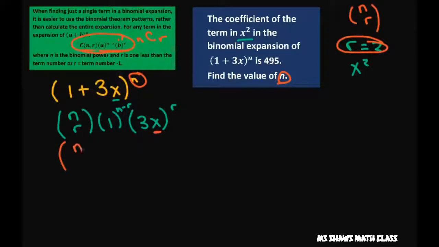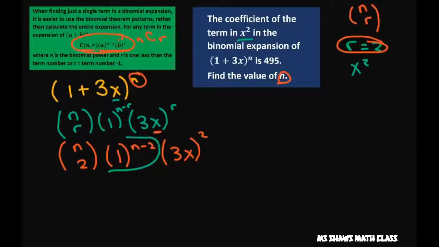So I have n choose r times 1 to the n minus 2. This is 2. And then we have 3x to the 2 power. So that's going to give us our x squared. Now, I'm going to look at this part right here.